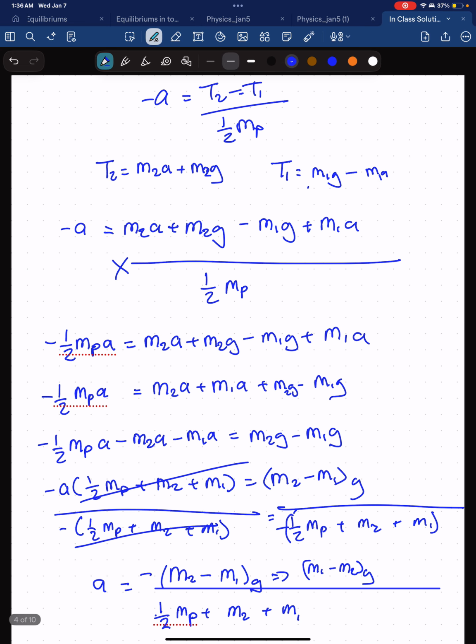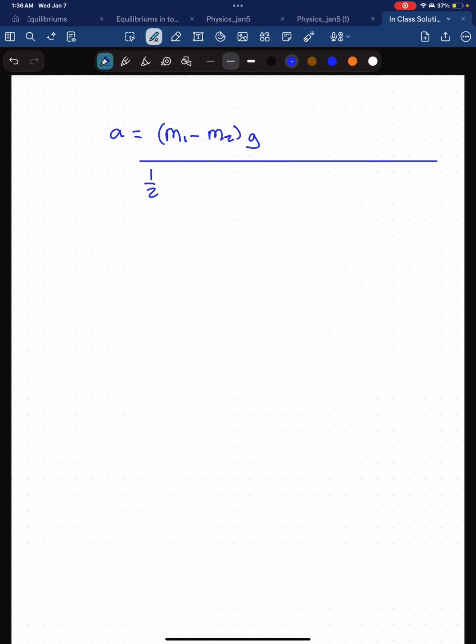A is going to be equal to M1 minus M2 G over 1/2 MP plus M1 plus M2.